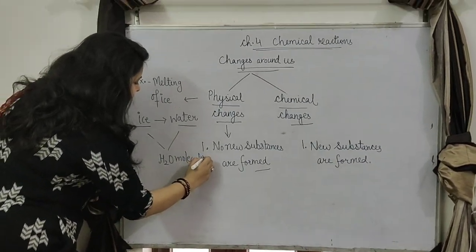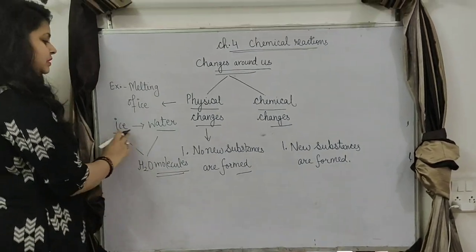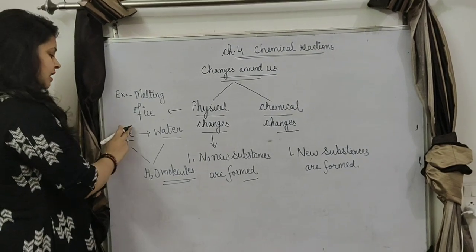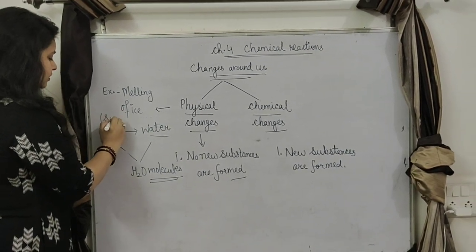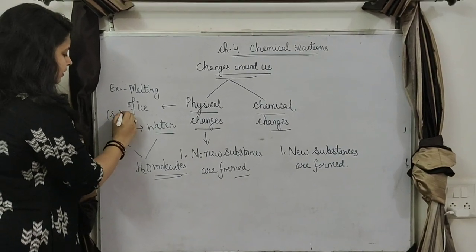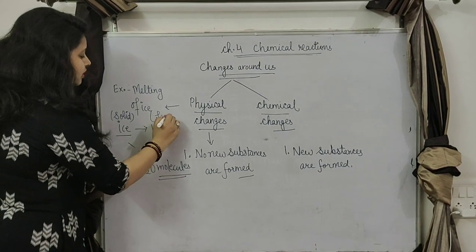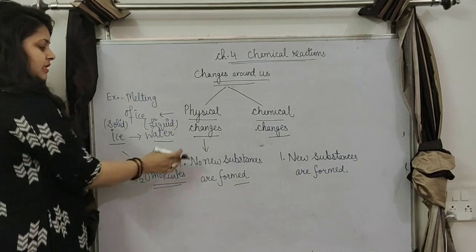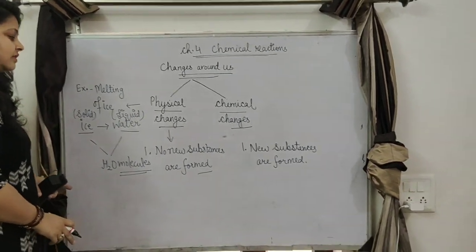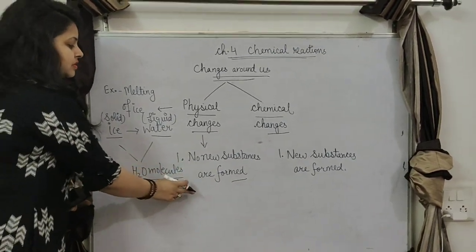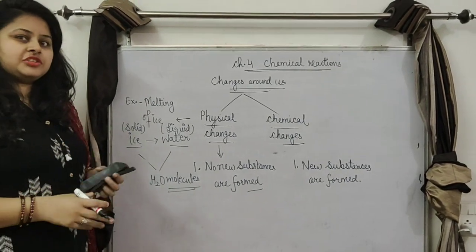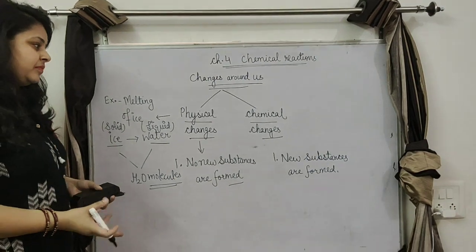That means no new substance is formed, but the change is what? The ice is in the form of solid state, whereas water is liquid state. So, physical changes are those changes in which no new substances are formed, but there can be a change in state, shape, size.